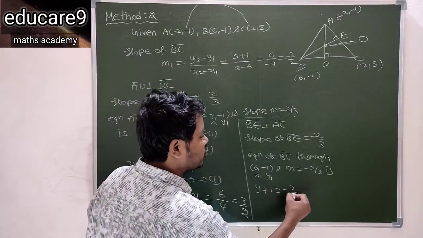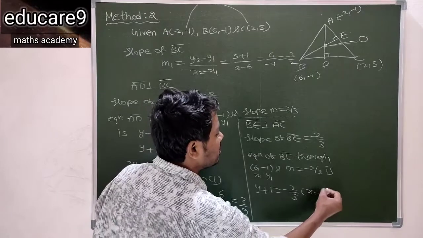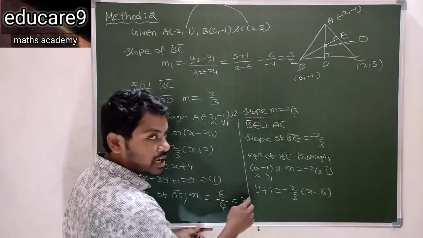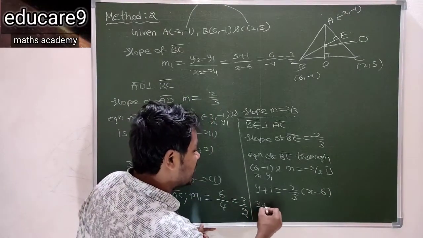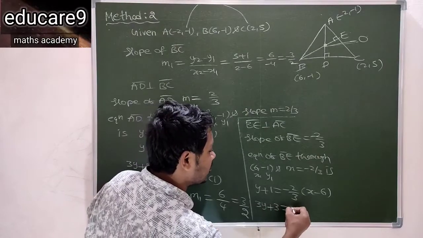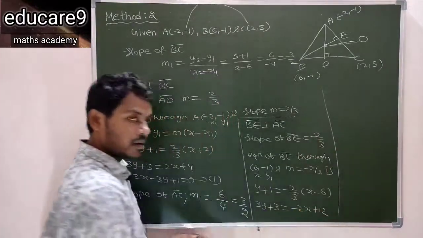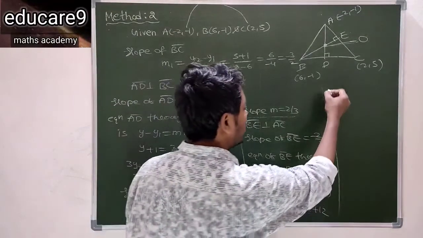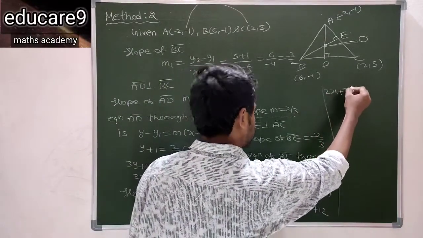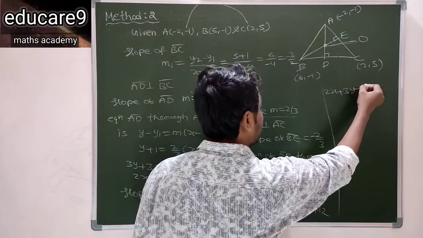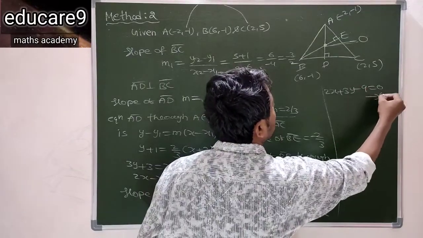M is minus 2 by 3 into x minus x1, that is x minus 6. So cross multiplication, you will get 3y plus 3 is equal to minus 2x plus 12. Now this is 2x plus 3y minus 9 equals 0.